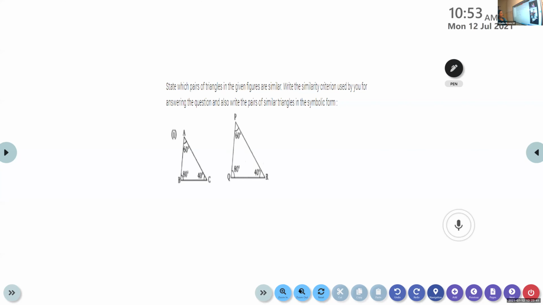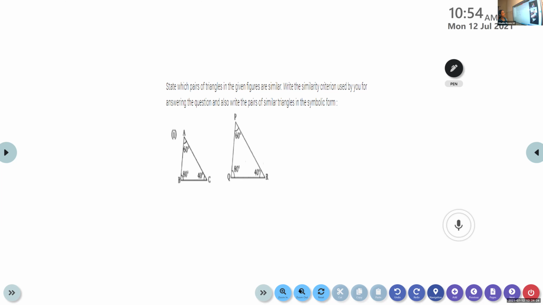Write the similarity criteria used, and also write the pair of similar triangles in symbolic form.